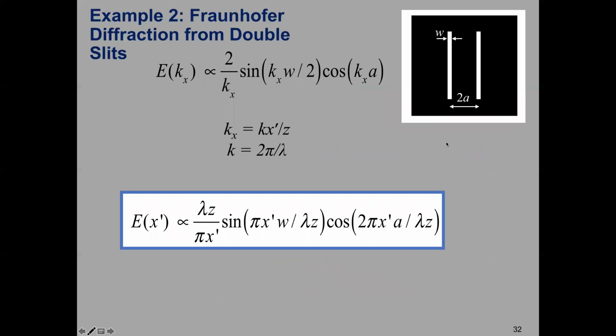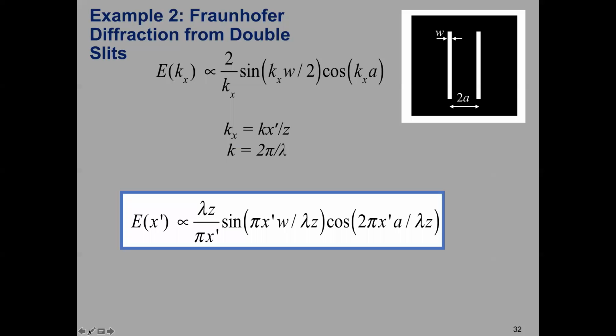So here I'm going to make the substitutions that we made in the last problem. kx becomes kx prime over z, and then we can plug in 2 pi over lambda for k, the wave number.